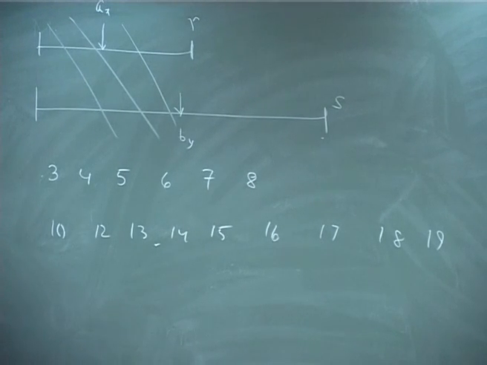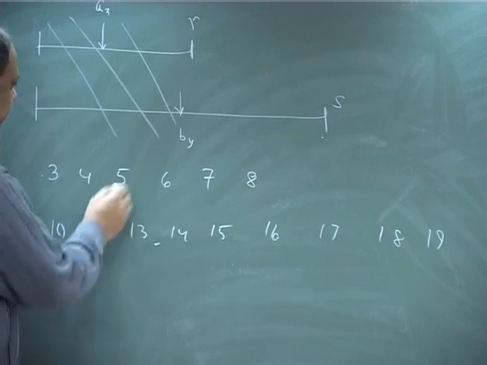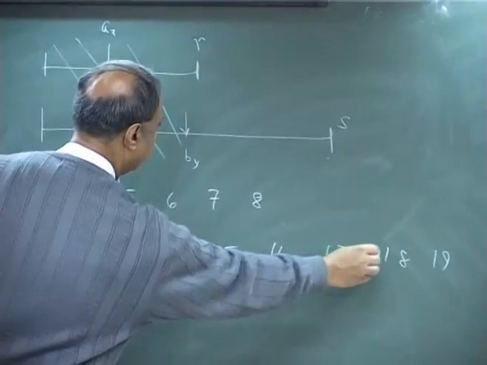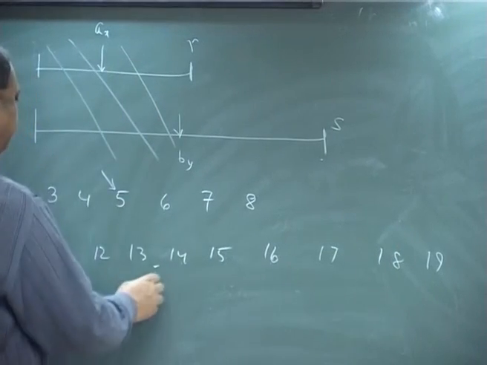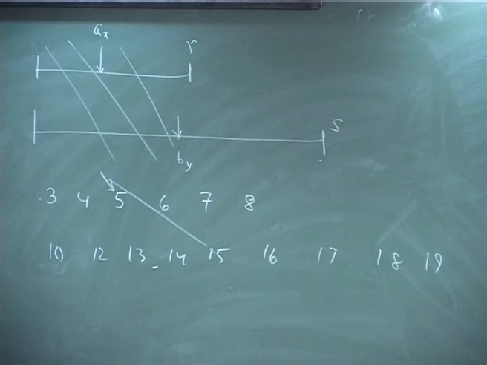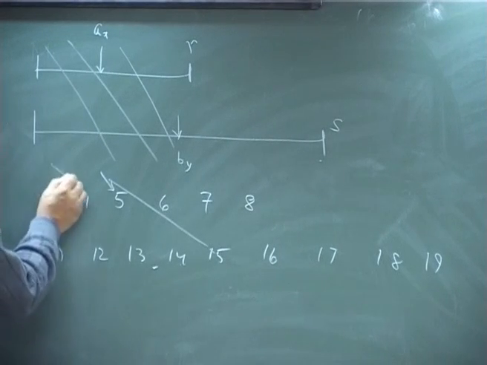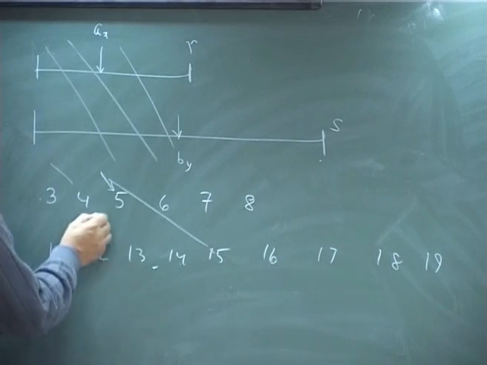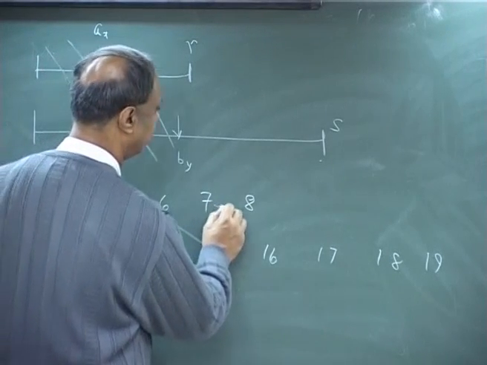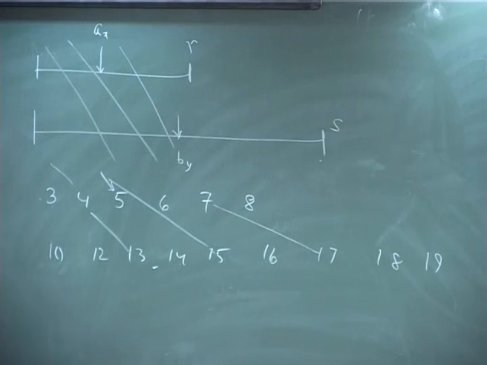So you want the median. Suppose this is the median, and 1, 2, 3, 4, 5, 6, 7, 8, 9. So the fifth one is your median. So first you divided this one, then second, this. And suppose 10 you have divided. Similarly, you have divided 7 and 17. Now, you want to merge this.